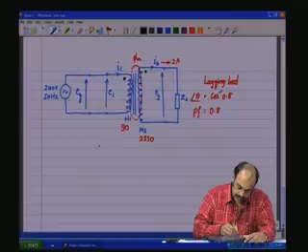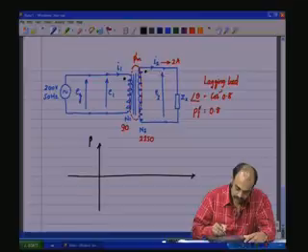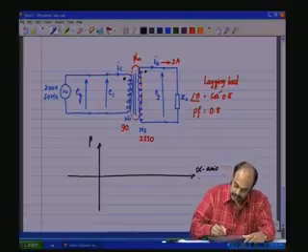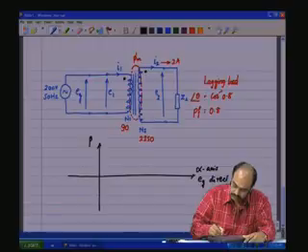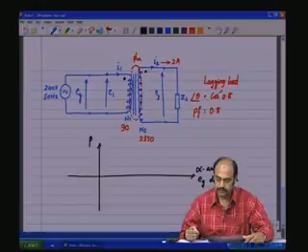So, to draw the phasor diagram, we take the two axes in the spatial coordinates. This is the beta axis and this is the alpha axis. So, the alpha axis direction is taken as EG direction. The generator voltage direction itself.